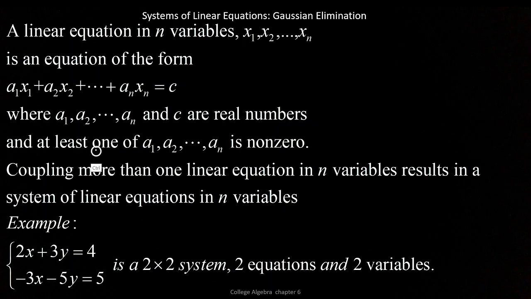Now, if you couple a bunch of linear equations in one system together and solve them at the same time, you get a system of linear equations. For example, this one is a 2 by 2 system. What does that mean? It means two equations and two variables.